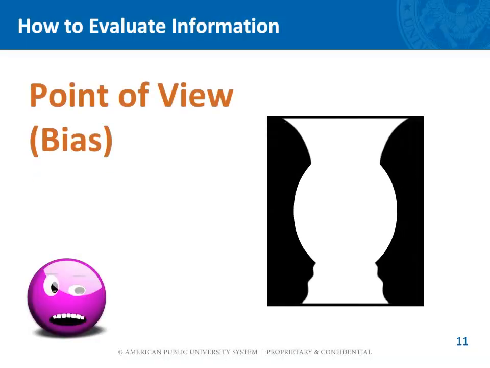Point of view or bias. While it is not incorrect to cite a resource that expresses a particular point of view, from the standpoint of evaluating information, it is important that the researcher recognizes this. One needs to ask, what point of view does the author represent? Is the article an editorial that is trying to argue a position? A report that shows evidence to support only one interpretation?